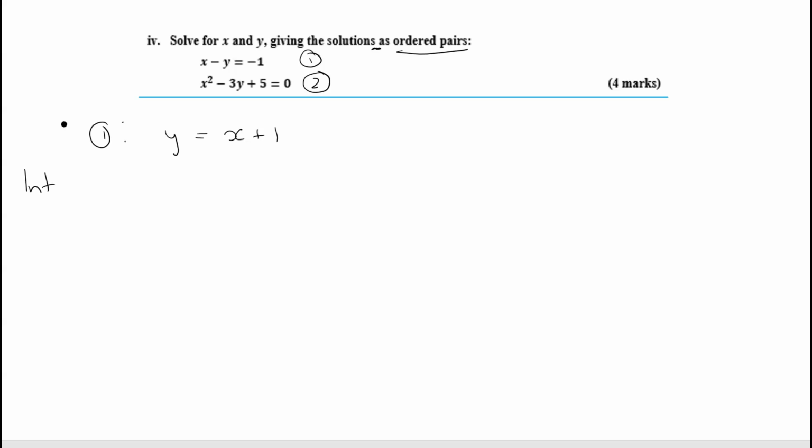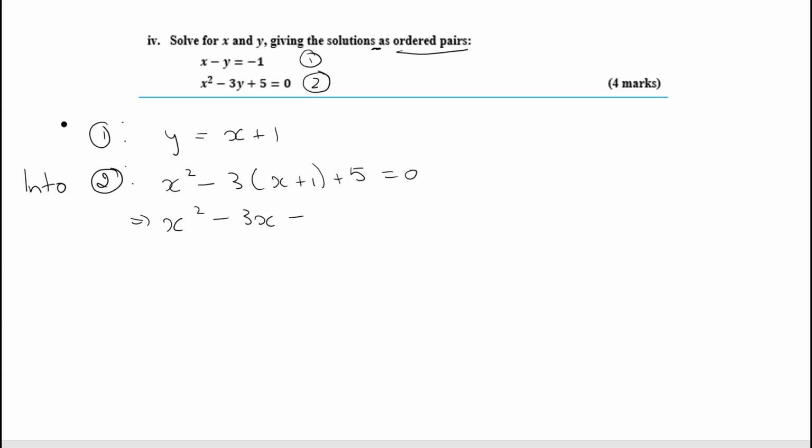Now, if we put that into equation 2, then we're going to get x squared minus 3 times y plus 5 equals 0. That, once we unpack it, gives us a quadratic.